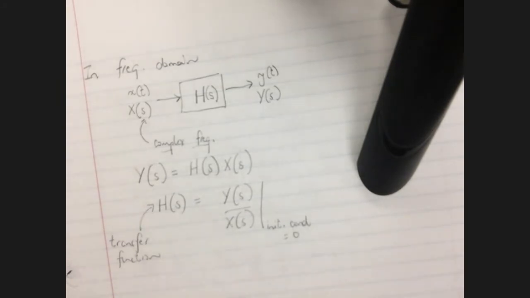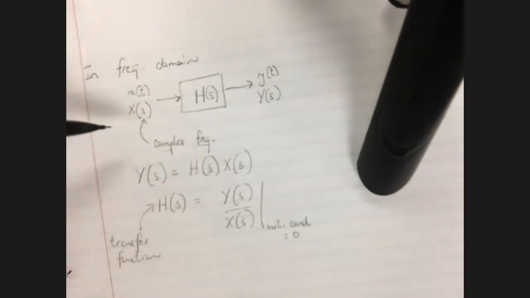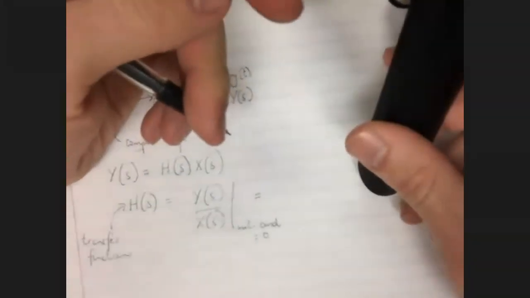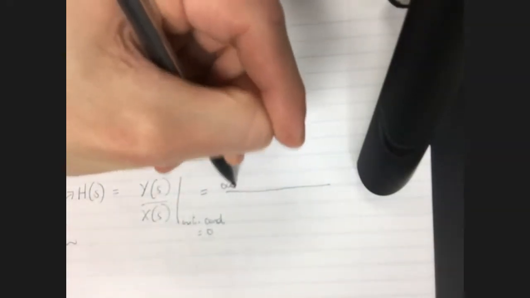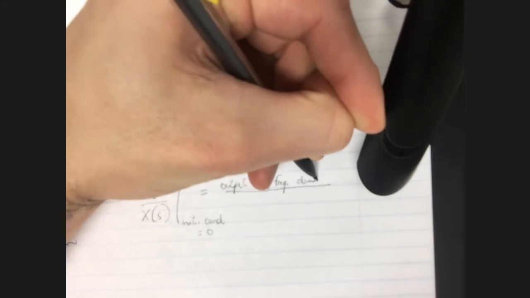So this is going to simplify our lives so much. And then now we've got this nice and easy and very intuitive way to represent a system. Basically, it's going to be a ratio. You can think of it as a ratio of output over input. So I'll say output in frequency domain over input in frequency domain.